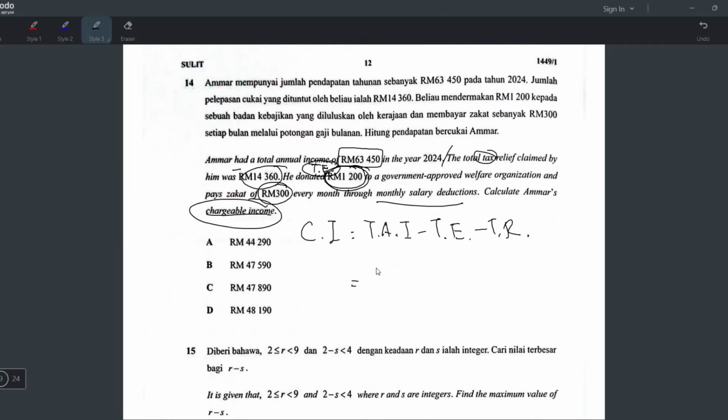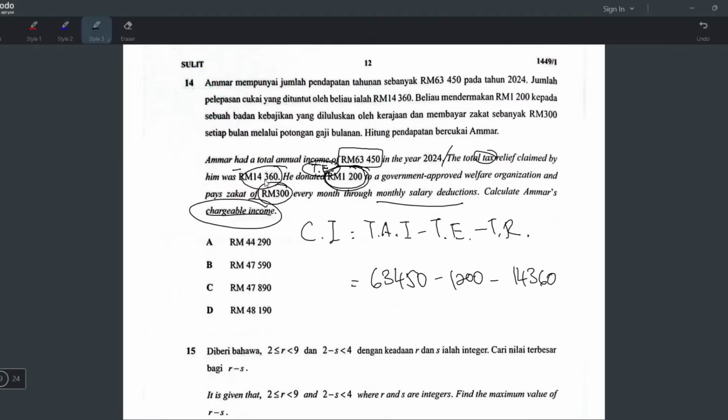So the total annual income is 63450, and then the tax exemption is 1200, minus the relief 14360. Okay, what about the 300? No, the 300 is the zakat. Zakat is a type of tax rebate, and we don't subtract tax rebate to find chargeable income. For chargeable income we only subtract exemption and relief. Zakat no need to subtract.